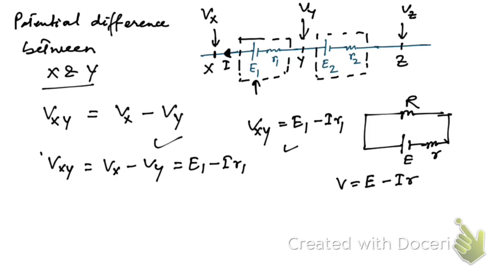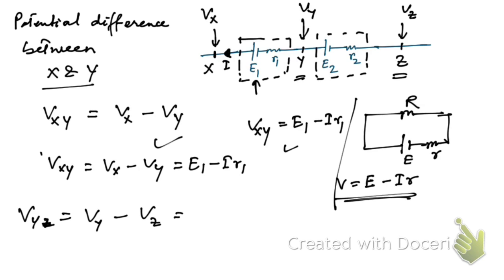Similarly, the potential difference between Y and Z, that is Vyz, can be written as the potential at Y minus the potential at Z. According to this relation, we can write E2 minus I R2. Hope you have understood this.